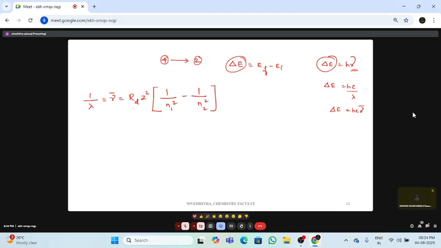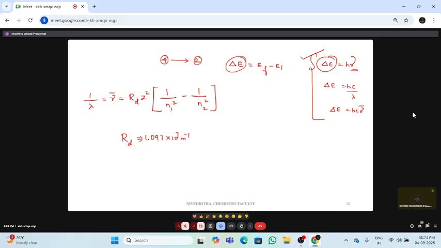That's it. This formula is basically derived from Bohr's concept or Bohr's formula. And what is the value of Rydberg constant? 1.097 into 10 power 7 meter inverse.